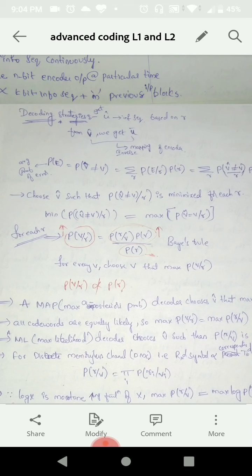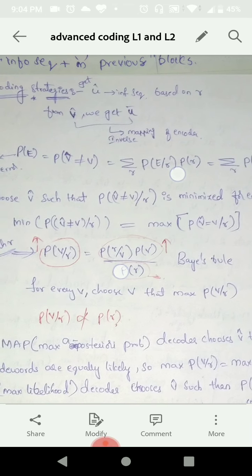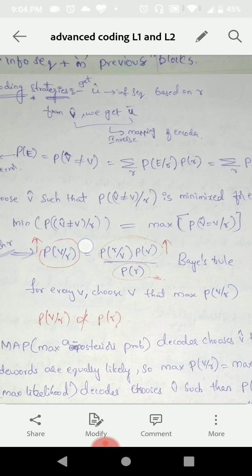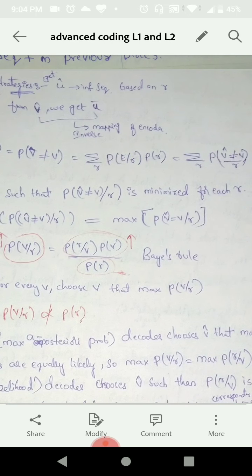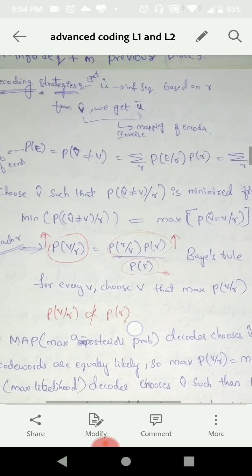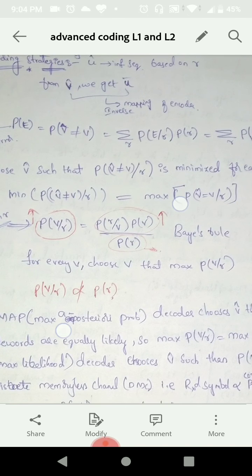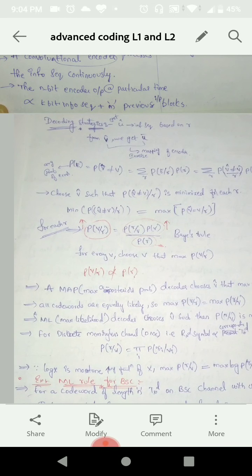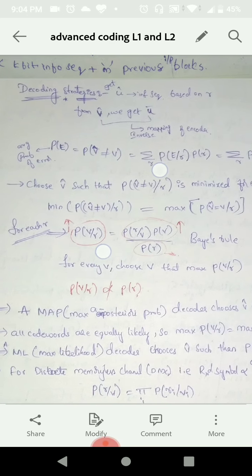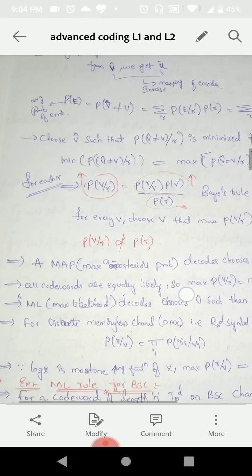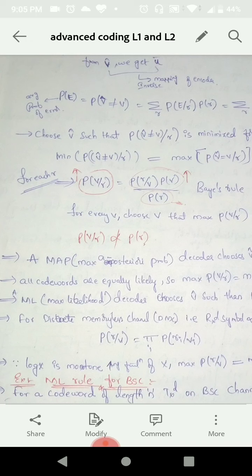Minimizing the error means maximizing the correct information: minimizing v estimate not equal to v is the same as maximizing the probability of v estimate equal to v given r. So for each r, we get the probability of v given r, not the probability of r given v, I guess, right?